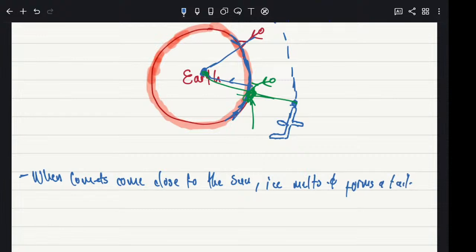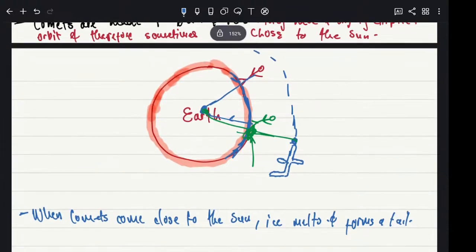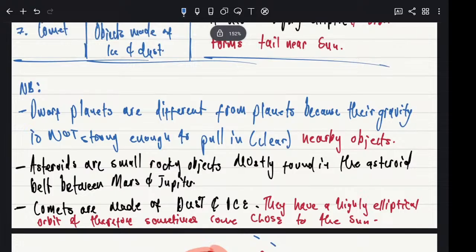These things made of dust and ice. Have you seen? Students, are you seeing this?